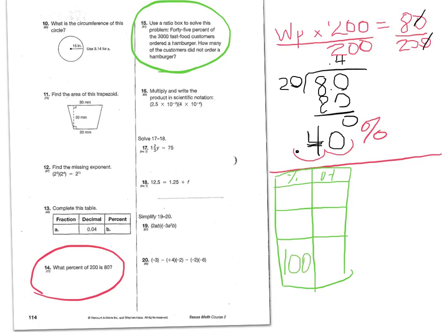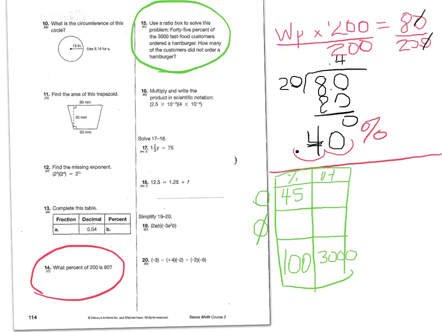It says use a ratio box to solve the problem. 45% of the 3,000 fast food customers ordered a hamburger. How many did not? They want to know actual numbers. So if 45% ordered, I'm going to put an O with a slash, which means not ordered. So 45% ordered, and we know that there's 3,000 customers.